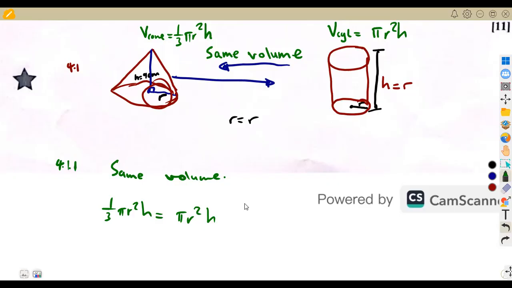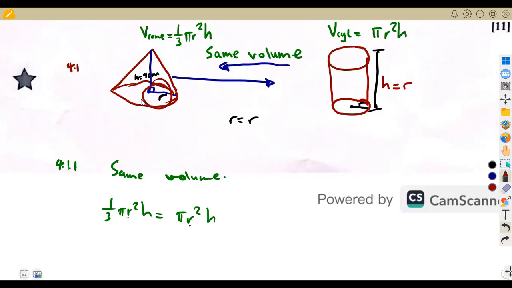But there's something that we are told here, that this radius and this radius of this side, they are the same. So if they are the same, it means we are simply talking about the same radius, all right?